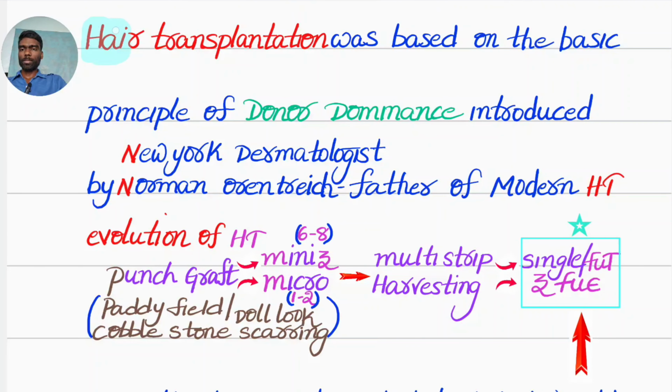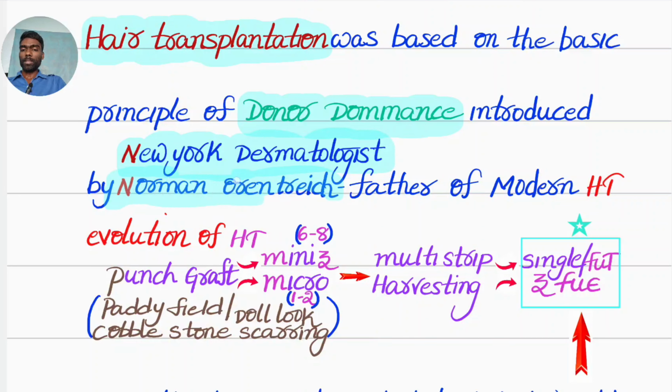Hair transplantation. What is the principle of hair transplantation? It was based on the basic principle of donor dominance. This concept of donor dominance was introduced by New York dermatologist Norman Orentreich.